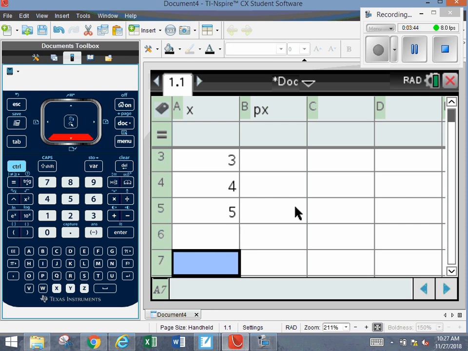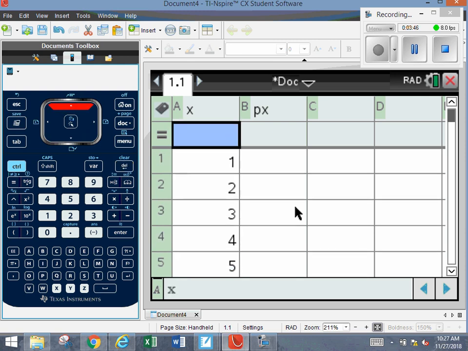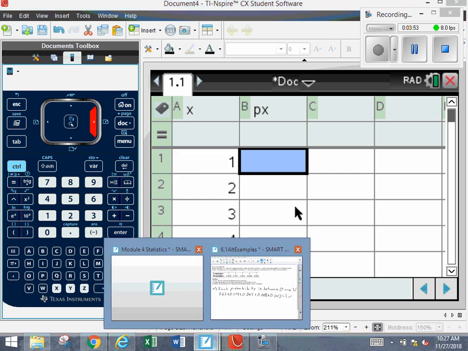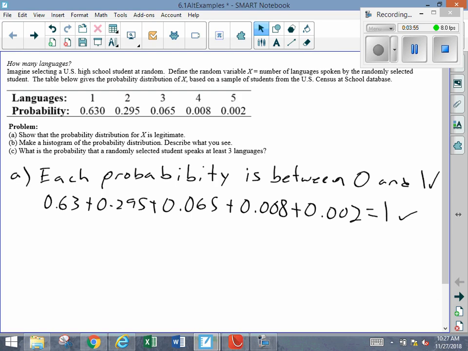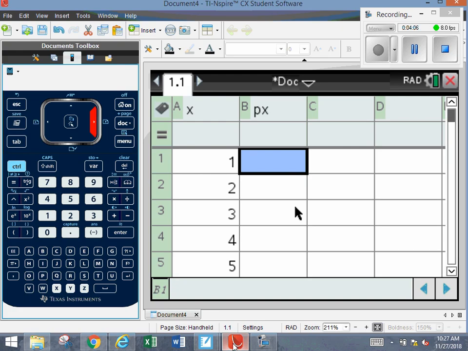Okay. Over here, we'll have to put each of the probabilities. So let's go ahead and I'll leave that up there. I'll give you guys a moment to put that in. And then over here, I will enter these values, 0.63, 0.29.